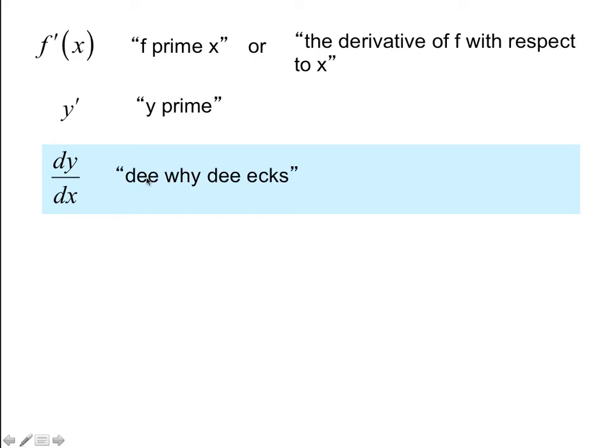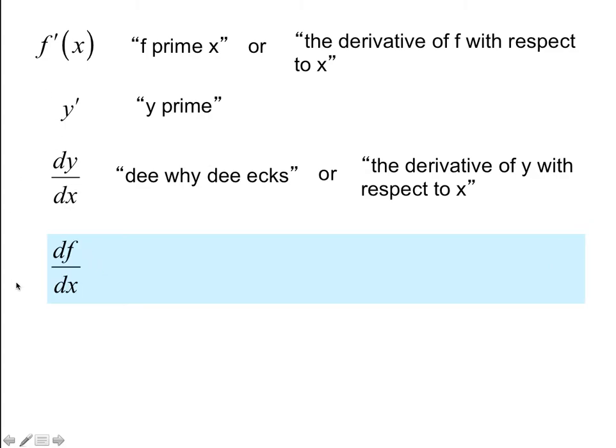This is literally how we say it phonetically, dy dx. That is a little change in y over a little change in x, so little that we have to use the limit method to find it. So that's another way of noting the derivative, or we could say the derivative of y with respect to x. So the d can stand for derivative. Derivative of y with respect to, and the fraction bar is kind of the with respect to, x.